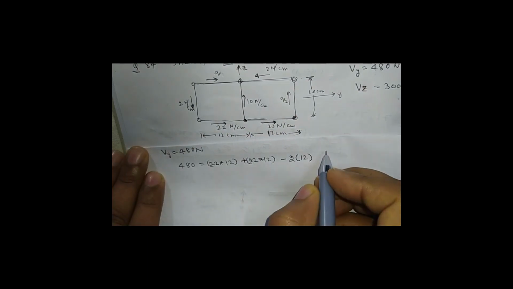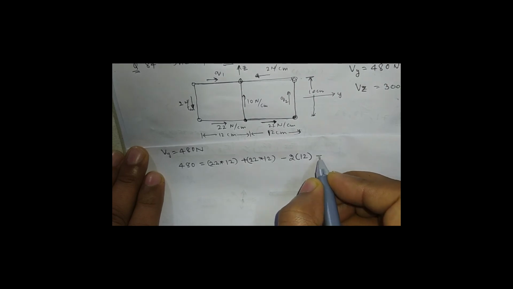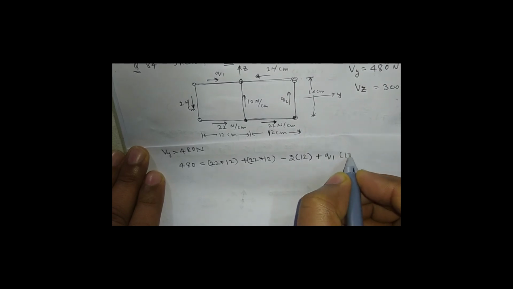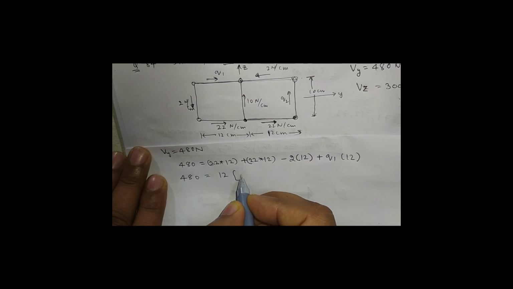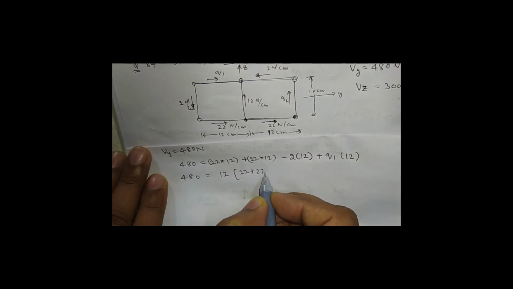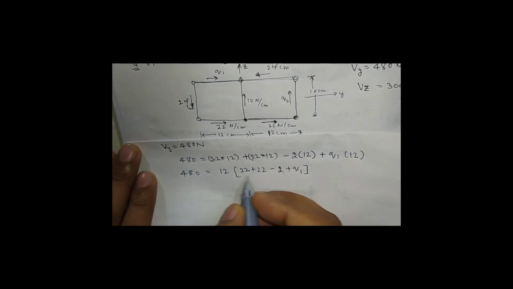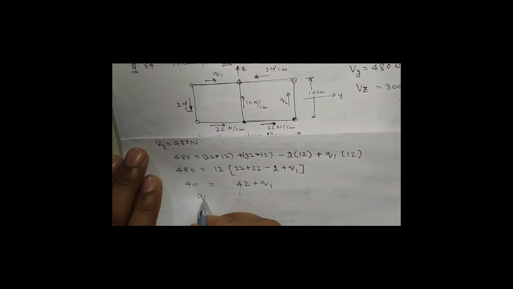We are taking this direction to be positive, plus Q1 into 12. These 12 are common, so 480 equals 12 times (22 plus 22 minus 2 plus Q1). By solving this equation and simplifying it, we can find Q1 is equal to minus 2 Newton per centimeter.